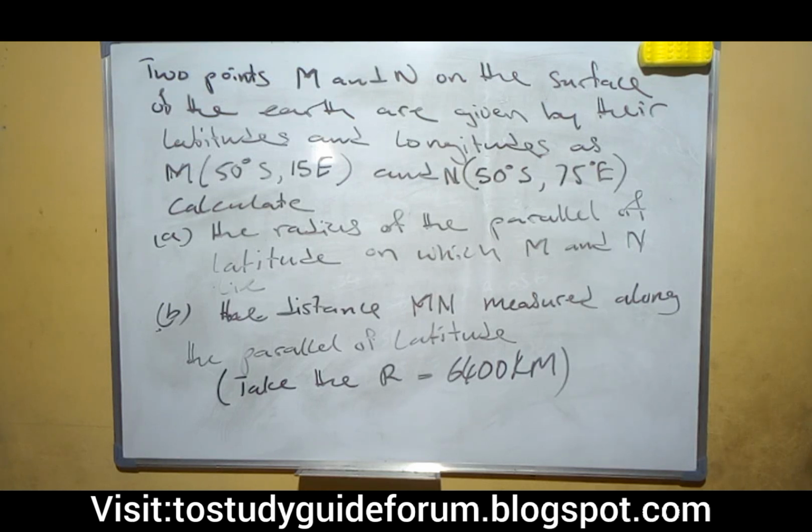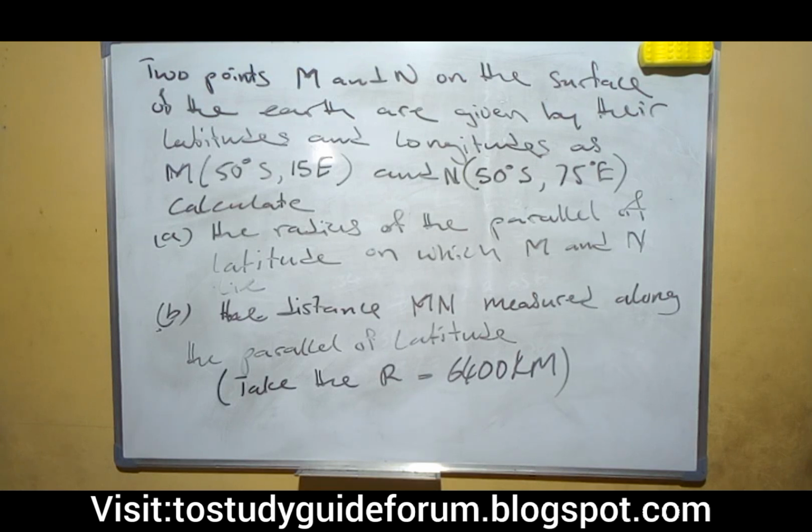We have a question here. Say that two points M and N on the surface of the Earth are given by their latitudes and longitudes as M: 50 degrees south and 15 degrees east, and N: 50 degrees south and 75 degrees east.